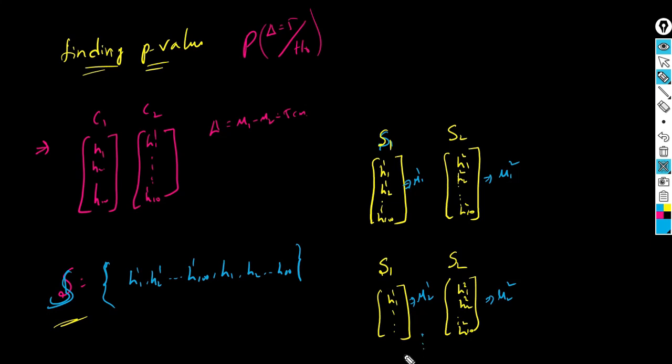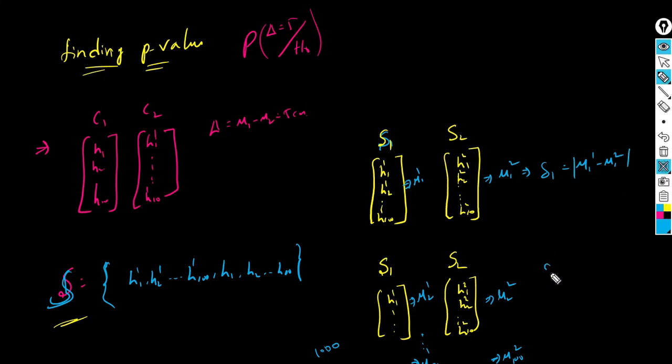Similarly, let's take 1000 subsets here. We will get mu 1000 1, mu 1000 2. We will get the difference. Let's take delta 1 as mu 1 1 minus mu 1 2.